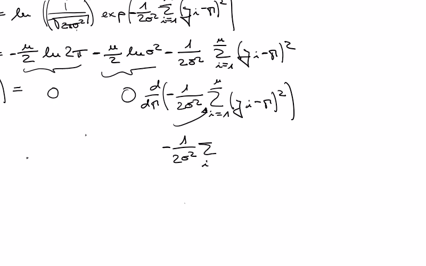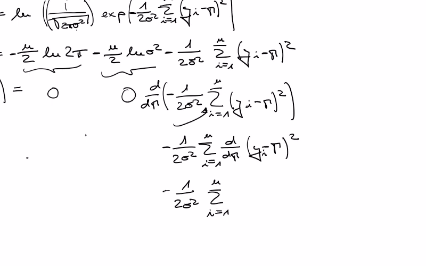Again, you all find in my calculus refresher why this is allowed, and essentially you are left with computing the derivative of the thing under the sum. And of course, we've seen that before today. So the derivative of this, you again need the chain rule. If you do away with the square, you get 2(yi minus mu).